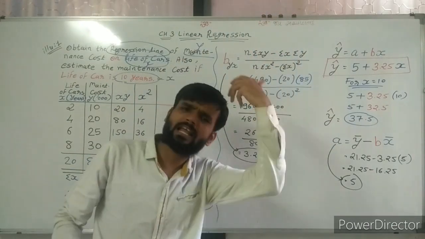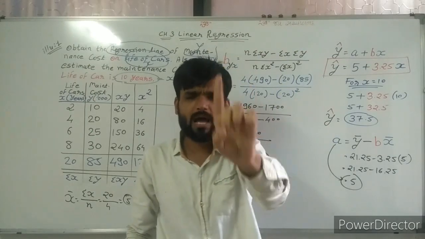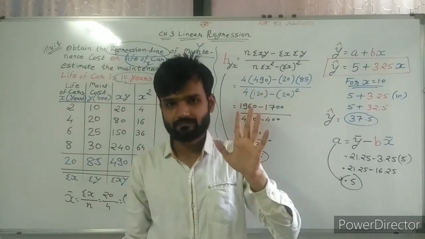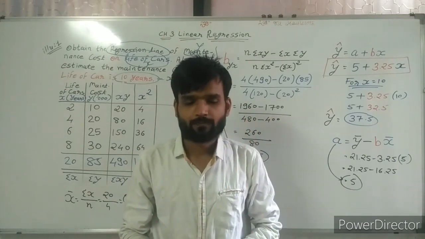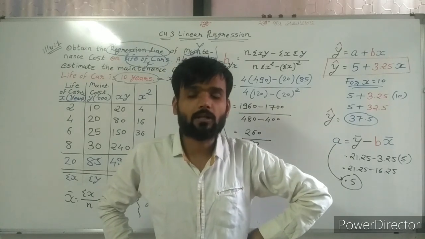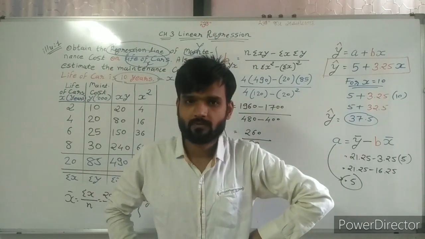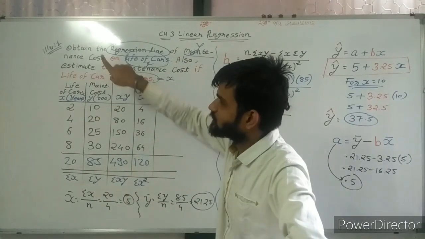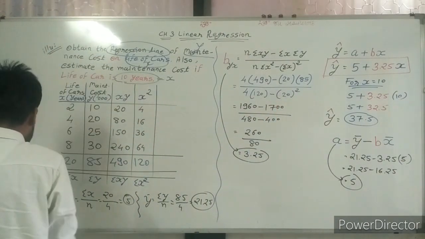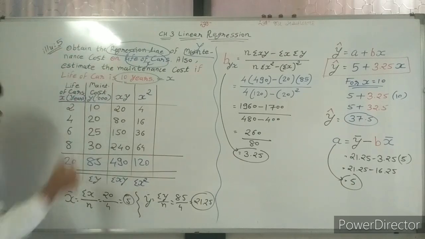And on that basis, we can estimate any value by placing the value of x in the function. Now, sir, we are doing the next sum also, illustration number 5.